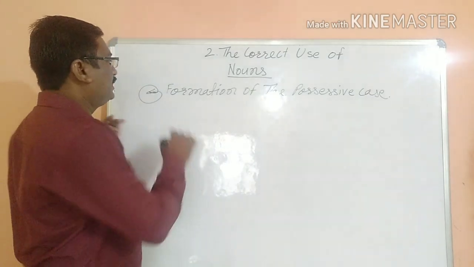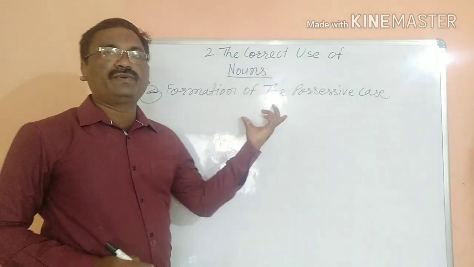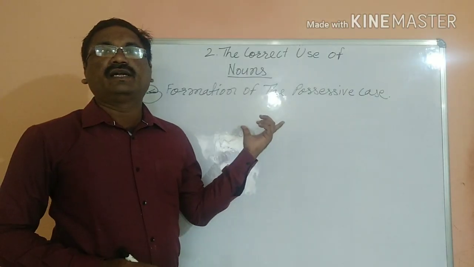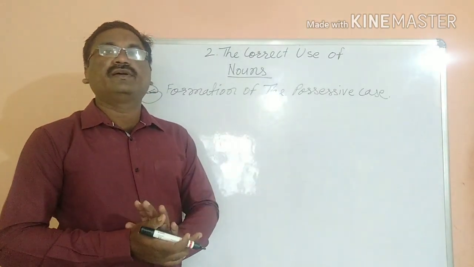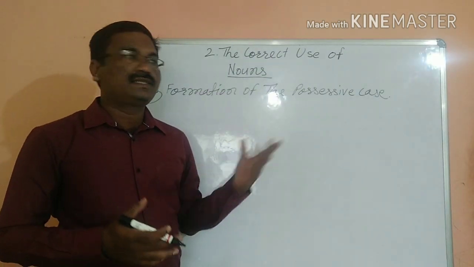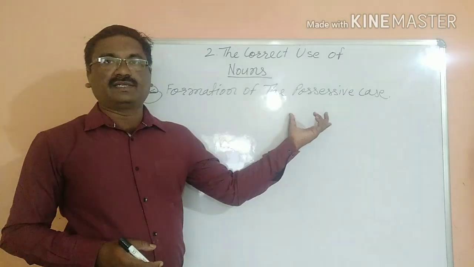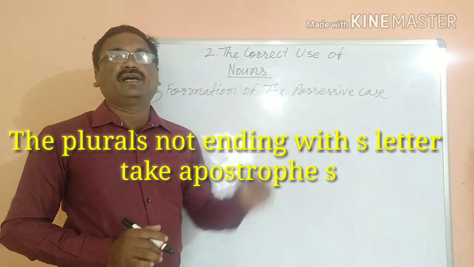Now we are going to see the second rule, that is when plural nouns are not ending with s or es, they take apostrophe s.